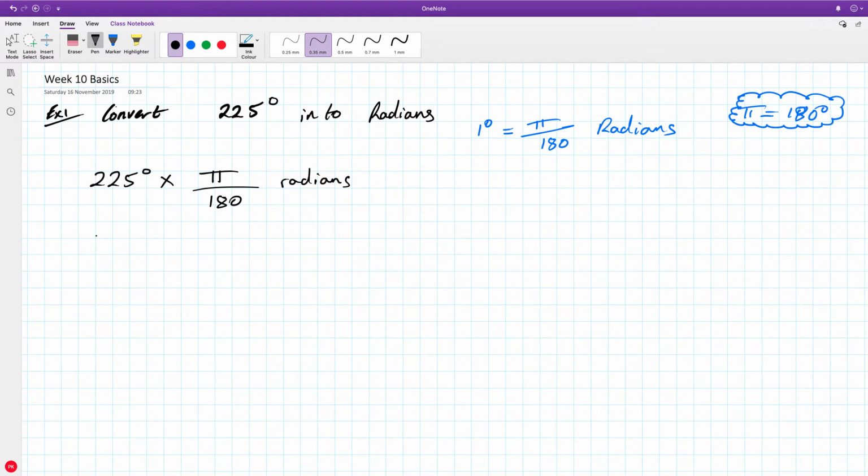Fire it straight into our calculator, and we should be getting 5 pi over 4. Is that okay?